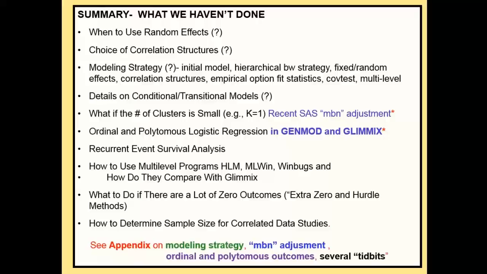So now I want to say something about modeling strategy. This has come up. I'm going to say some more about this after I go down this list of what we haven't done. But when you had EPI 740, we talked about modeling strategy. We talked about this hierarchical model that had more than one exposure.